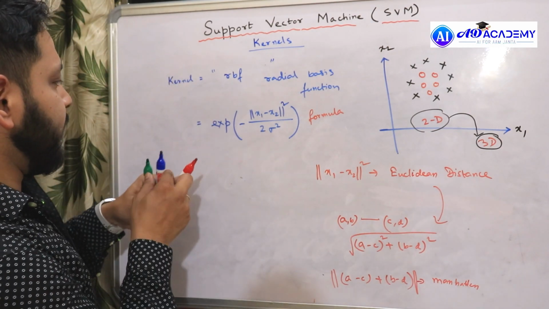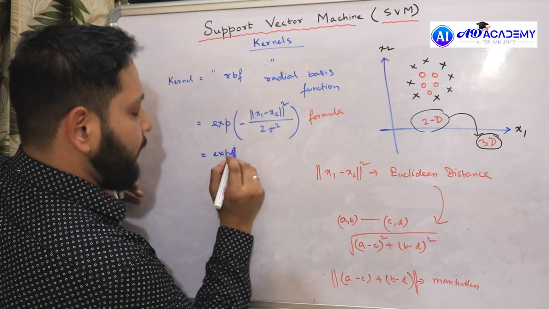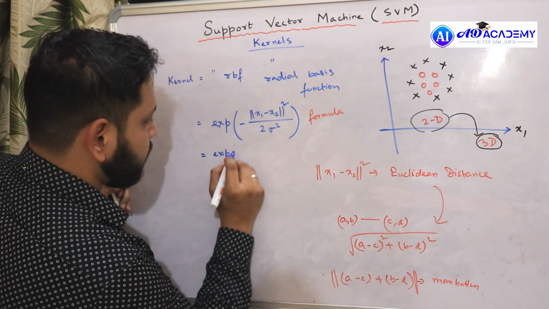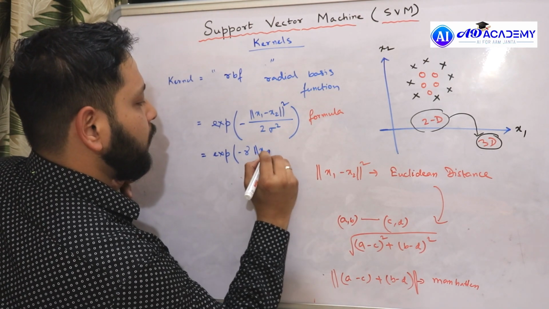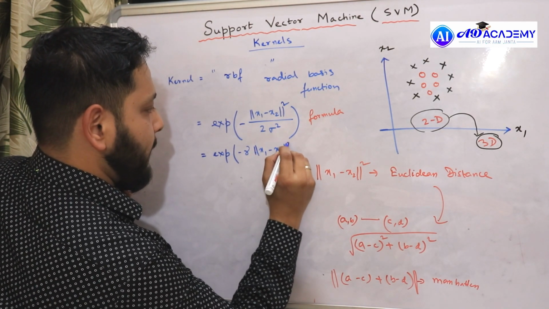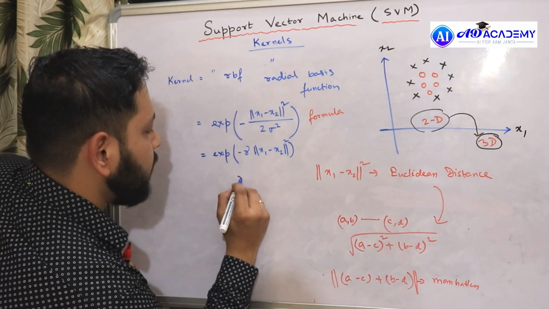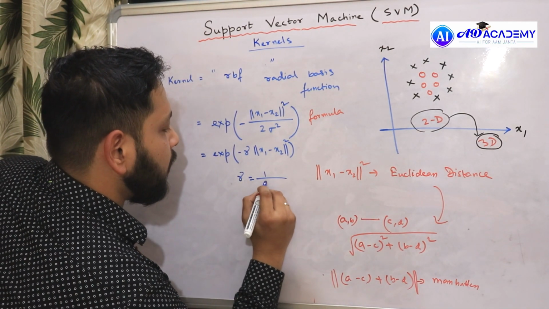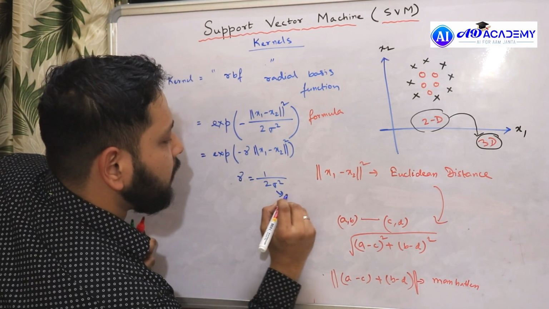We can also write this formula as, where sigma is the standard deviation.